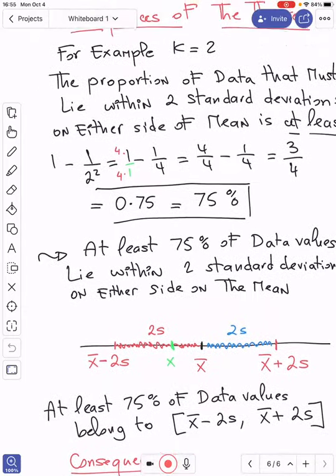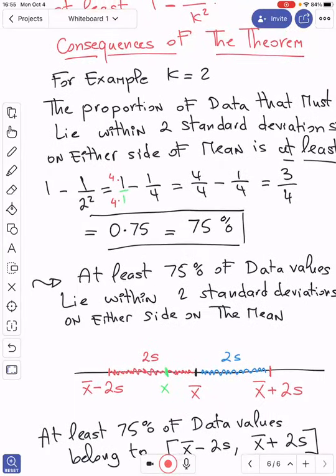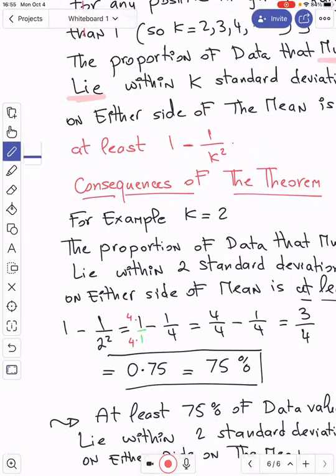All you have to do is compute this 1 minus 1 over k square. So when k is 2, 1 minus 1 over 2 square is 1 minus 1/4, common denominator, then you get 3 over 4.